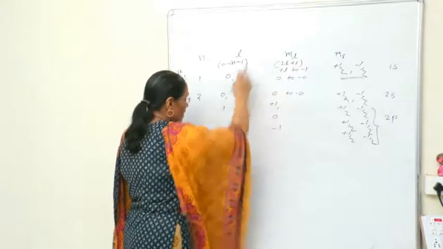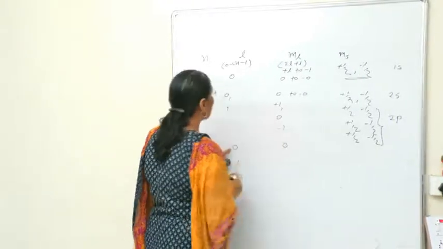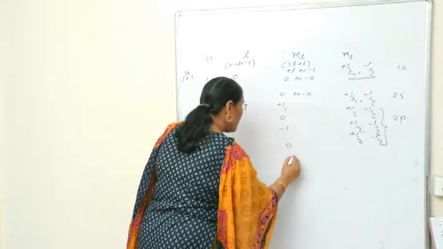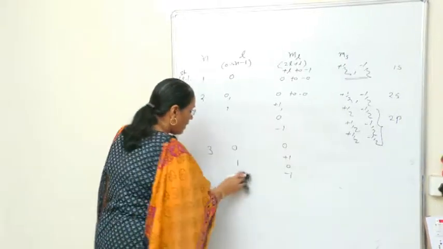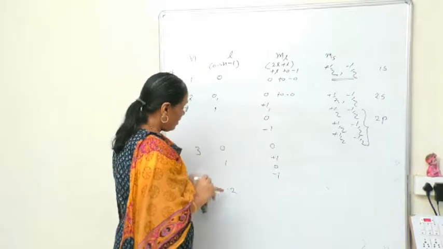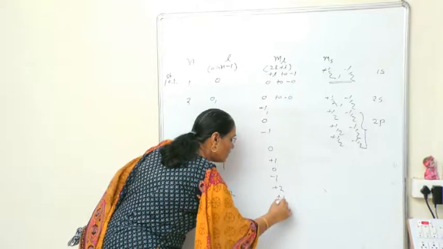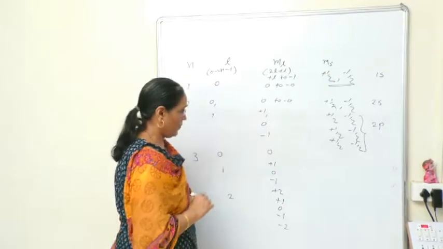When l is 0, ml is 0. When l is 1, ml can be plus 1, 0 and minus 1. And when the orbital quantum number l is 2, ml values are plus 2, plus 1, 0, minus 1 and minus 2.